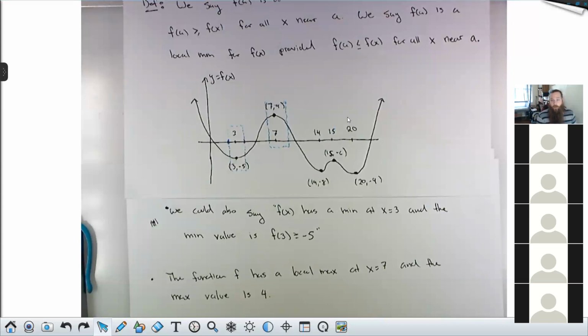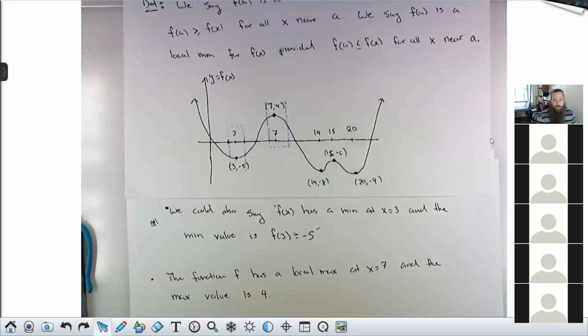What are the locations of the other local mins? 14 and 20. Very good. The other local mins are located at x equals 14 and x equals 20. The min value at 14 is -8, and the min value at 20 is -9.